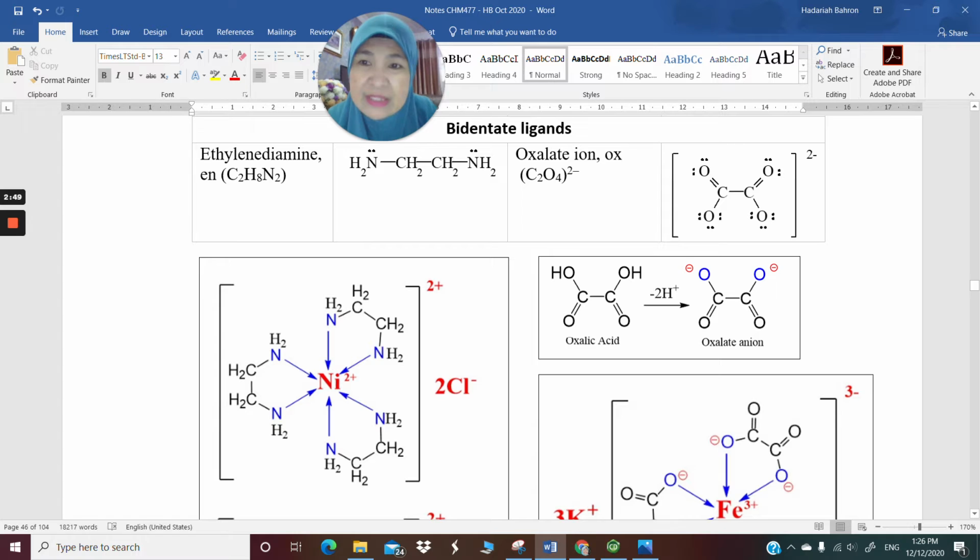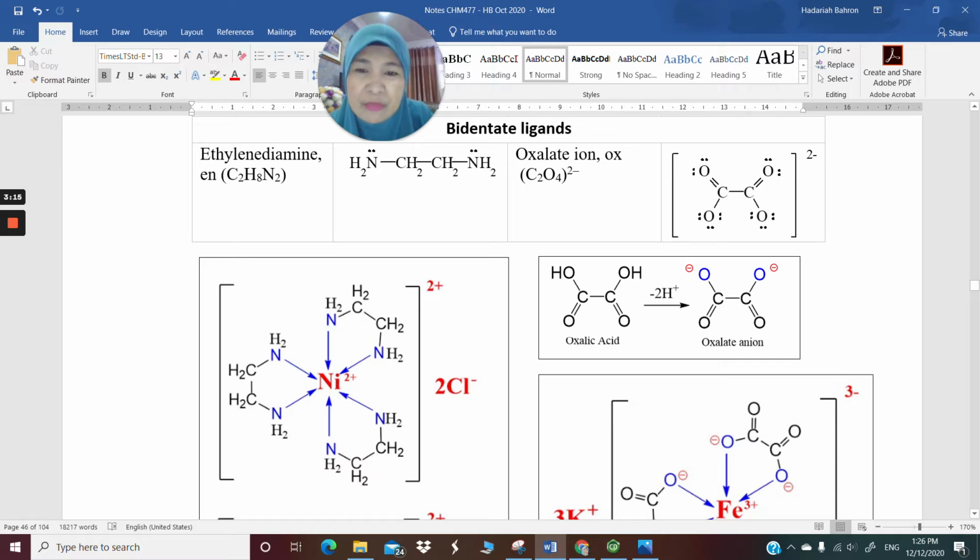Ethylene diamine is a neutral molecule. It doesn't carry any charges, so it doesn't contribute any negative charge to the complex ion that is formed. There is a second ethylene diamine bonded to the nickel in the same manner through nitrogen.